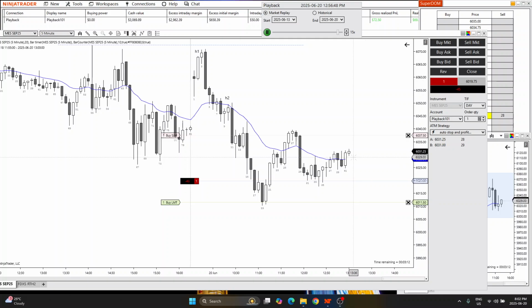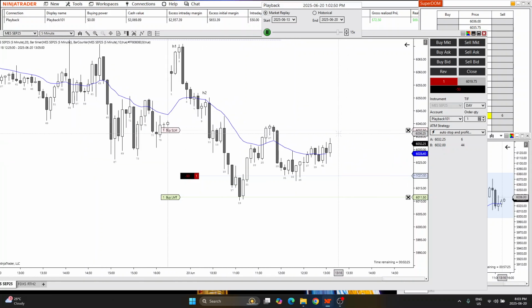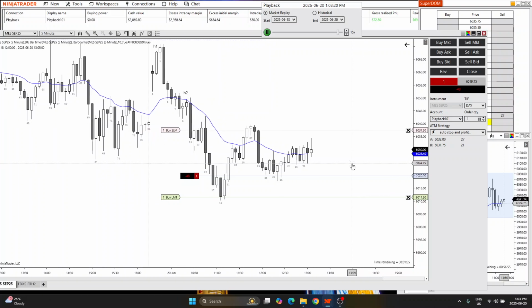If this 42 becomes a bull bar, obviously I would sell one tick above it and move my stop loss. We still have one more minute to go. Oh, that was a surprise bear bar. Let's see if it will close.